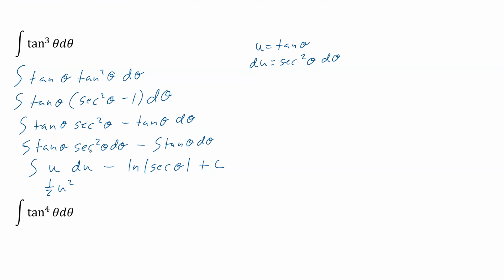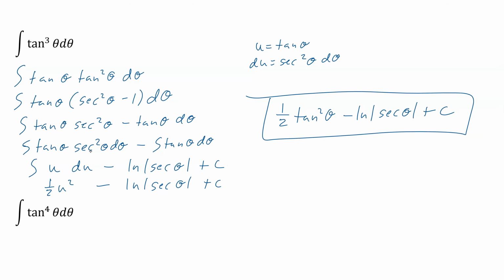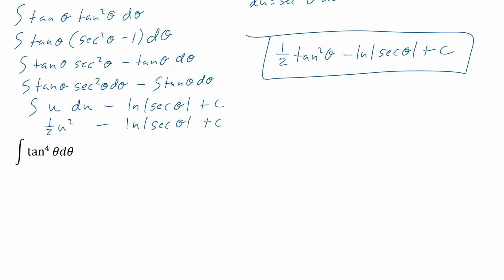So if we put all this together, we end up with 1/2 tangent squared theta minus natural log of secant theta plus c. And then we integrated it. So you're throwing all your tricks at it. If you see tangents, if we make a square, we can then throw in the secant, distribute, and see what happens. And we've got u substitution, we have integration by parts. We've got a lot of different tricks that we're going to be applying to these.